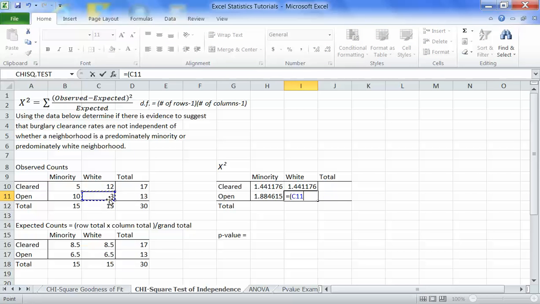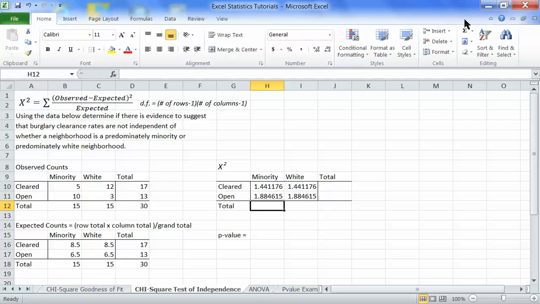White open, observed, minus white open expected, squared. And it's always a good idea to go through and just double check it all.